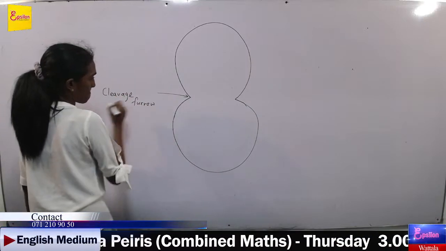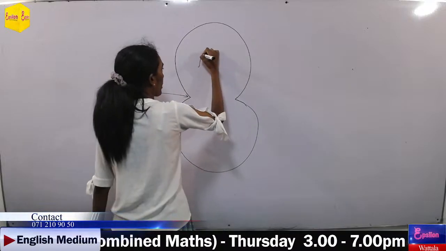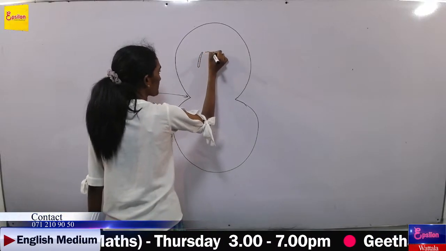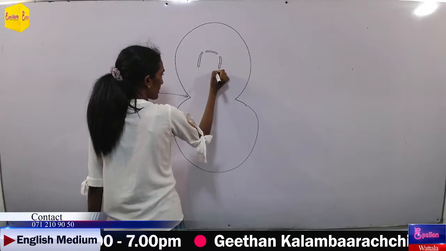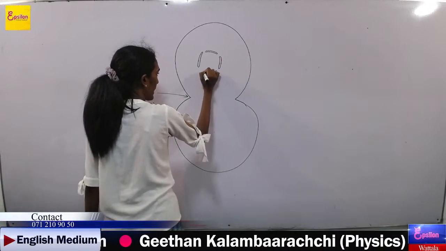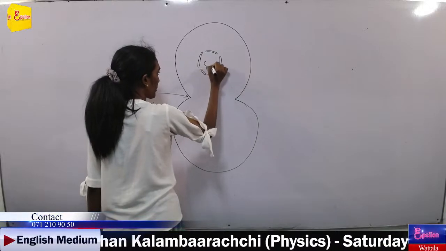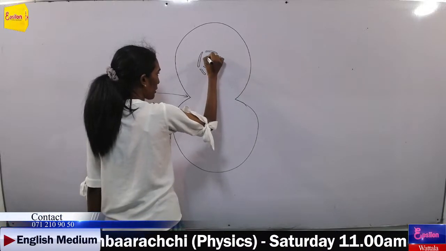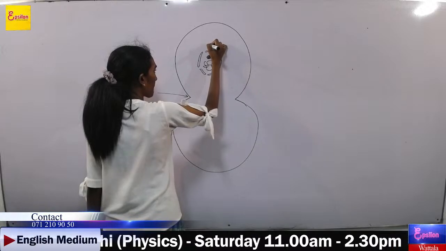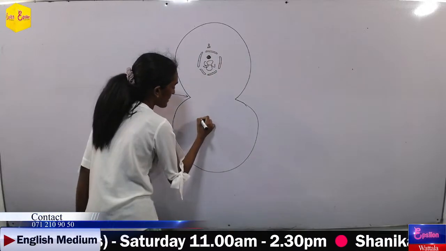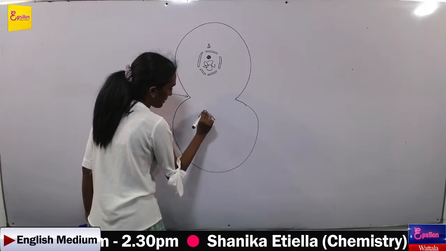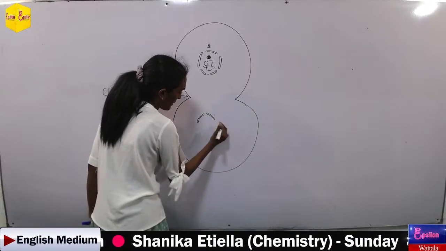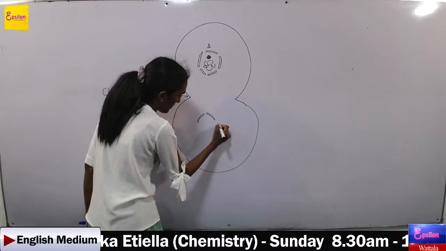The nuclear envelope reforms. Chromosomes will decondense and form a network of chromatin. Nucleoli reappear. Spindle and asters disappear. We can say disintegration also.